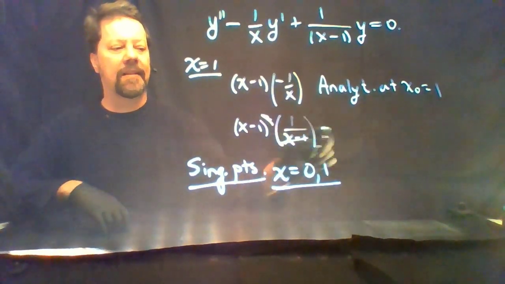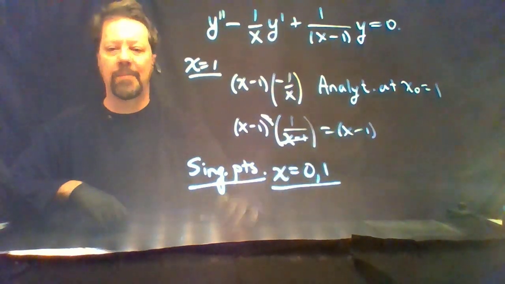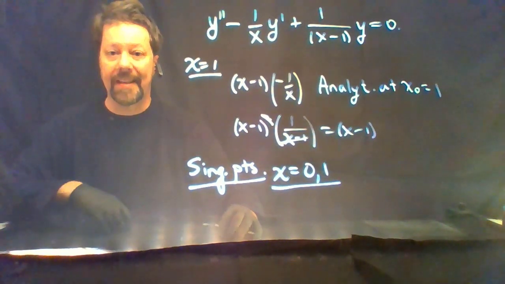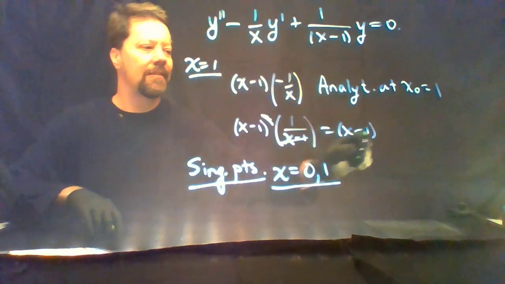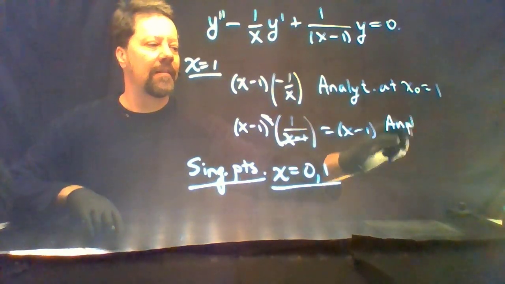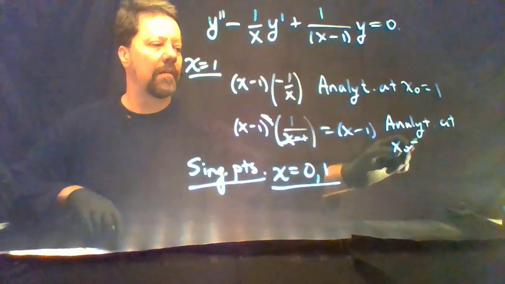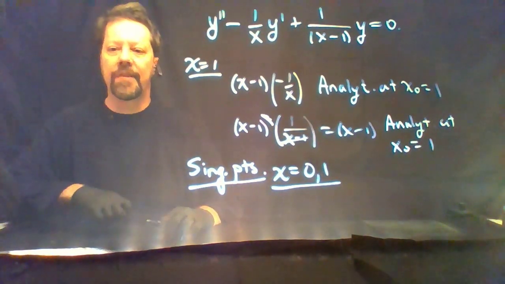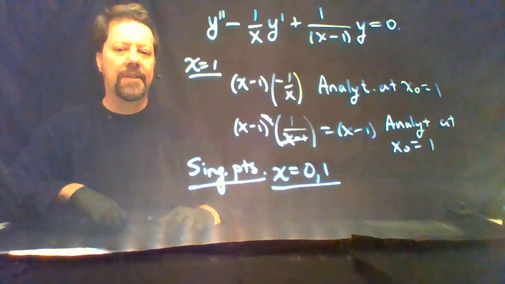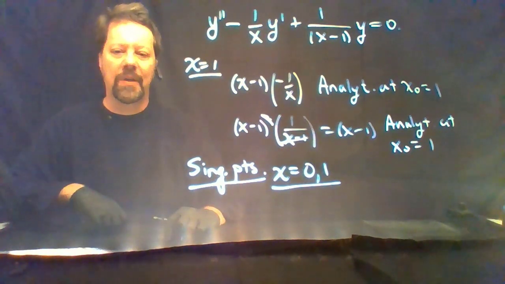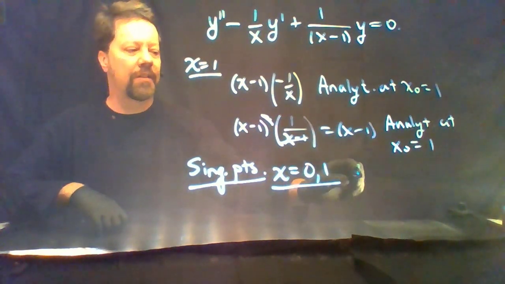You can see that the singularity cancels out, and we get a polynomial, and all polynomials are analytic on the entire real line. Since both of these functions are analytic at 1, we deduce that x = 1 is a regular singular point.